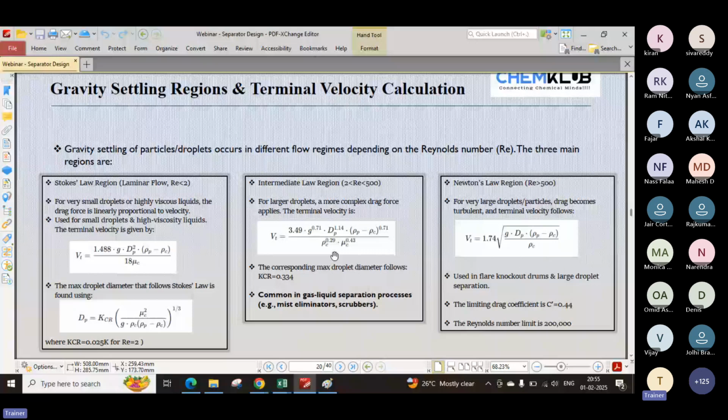And if you wish to calculate the maximum diameter this equation can solve, you can use this formula, and here you can use the KCR value as 0.334.